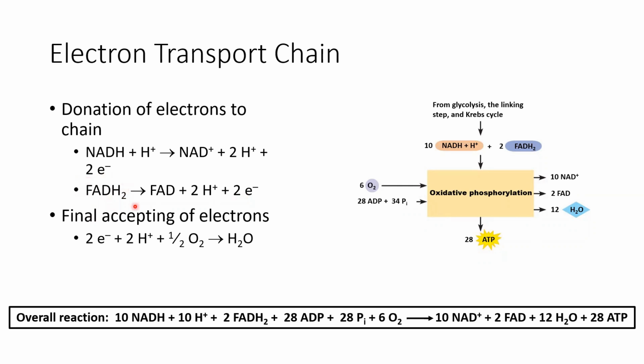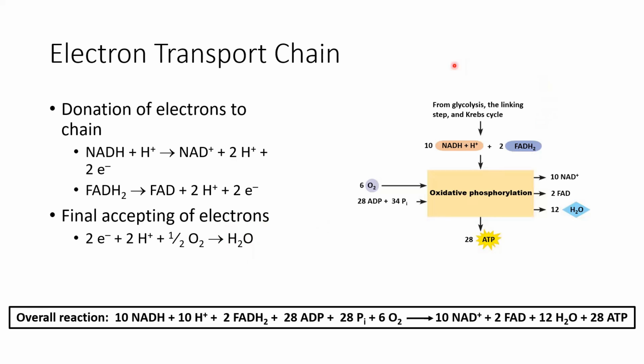If we oxidize FADH2, we're going to get back FAD, and they want to liberate these 2 electrons, which is sort of hitched on to our FAD. And then the final accepting of electrons is happening by the presence of oxygen. So oxygen is going to grab those electrons as well as the 2 hydrogen ions, and that is how we make water as a byproduct of this process. The electrons along with hydrogen ions and oxygen will make H2O, which is going to be water.